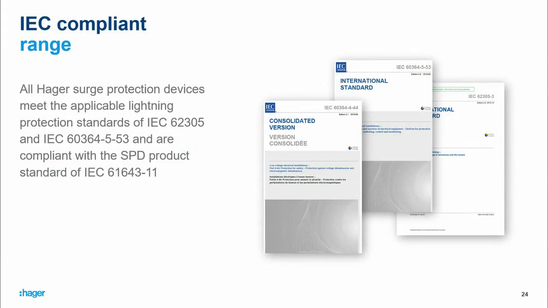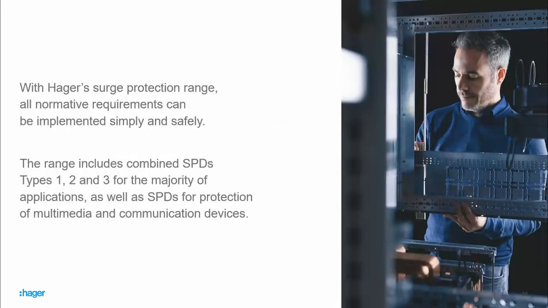All Hager SPDs are compliant with the Lightning Protection Standard IEC 62305 and the SPD Product Standard IEC 61643-11. With Hager's surge protection range, all normative requirements can be implemented simply and safely. The range includes combined SPDs type 1, 2, or 3, which cover the majority of applications, as well as SPDs for protection of multimedia, telephone lines, and communication devices.